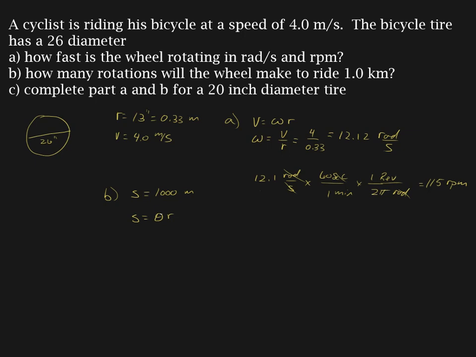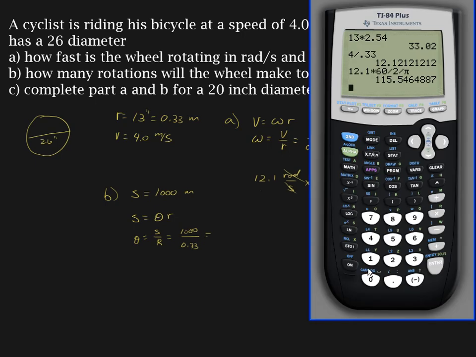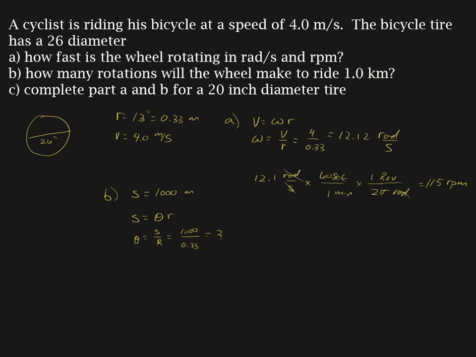Remember, theta will be in radians, but we're looking for how many revolutions or full rotations it will make. So theta is equal to S over R, and S was 1,000 meters. R was 0.33 meters, and so this wheel will make 3,030 radians worth of rotation.